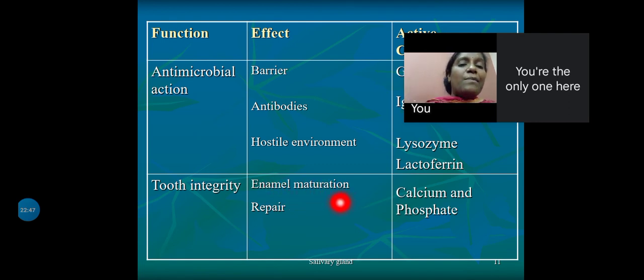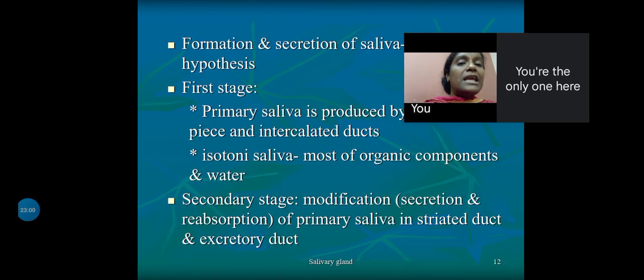Enamel maturation, repair. And for anything related to this, what is the tooth made up of? Calcium and phosphate. So you need calcium and phosphate to heal the tooth and to bring about maturation of the tooth. So how is saliva basically formed? Saliva, as we just saw, is a complex fluid.